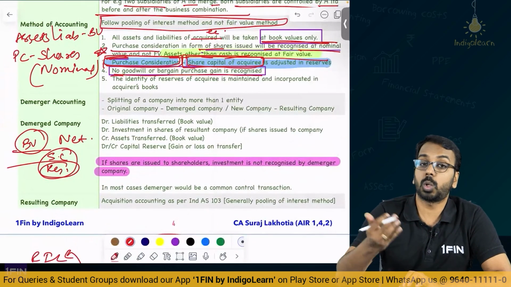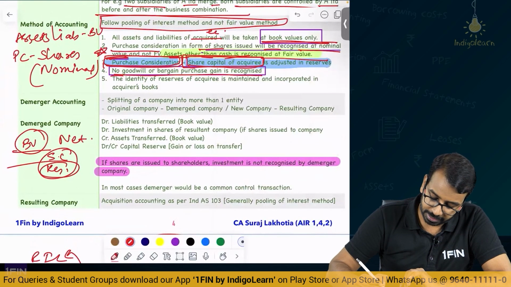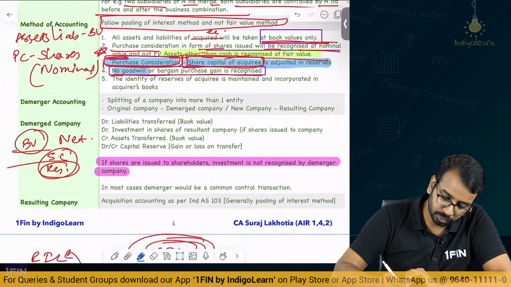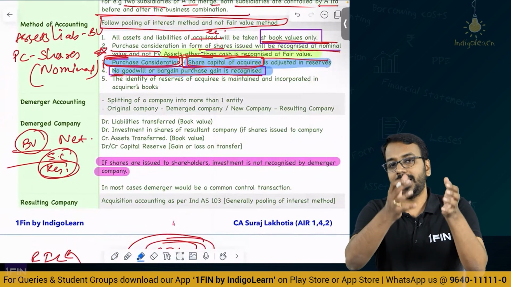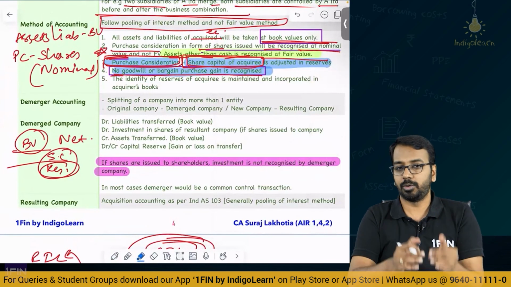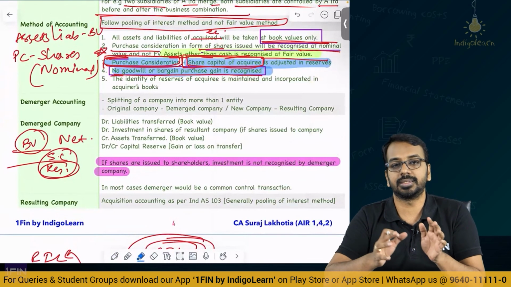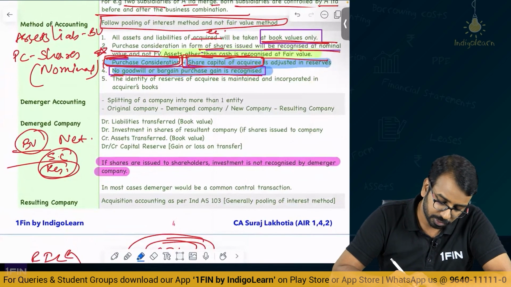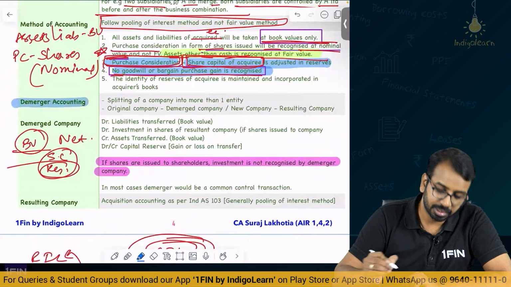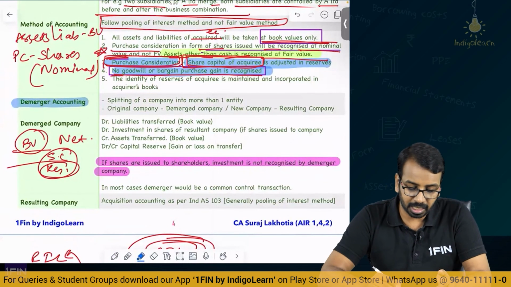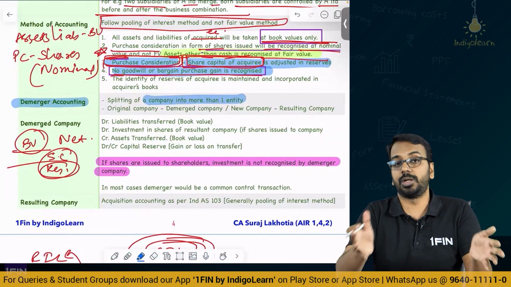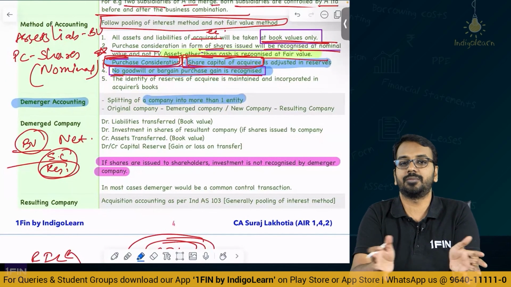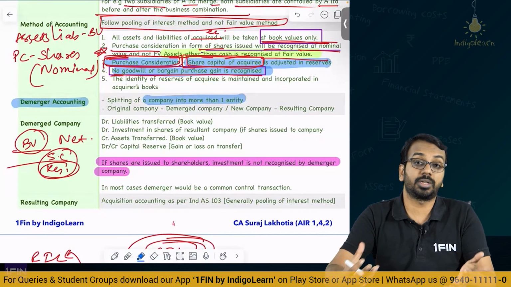So, when you do a common control transaction, you will not be recognizing any goodwill or bargain purchase. The way you will account is to incorporate all the assets at book value, all the liabilities at book value, and the difference will be adjusted against the reserves. Now, the same concept is applied in demerger accounting. If you are splitting a company into more than one entity, for example one company with two divisions becoming two companies with one division each, that is also a common control transaction.